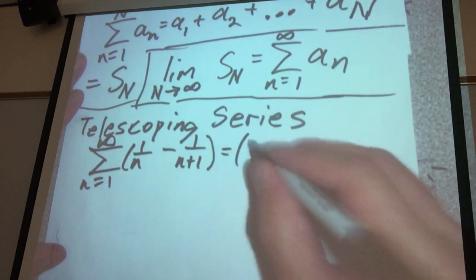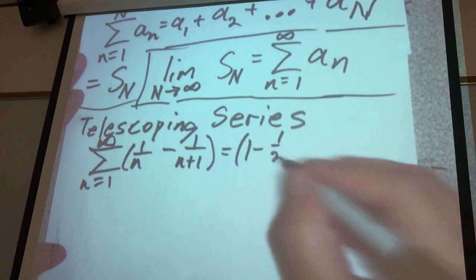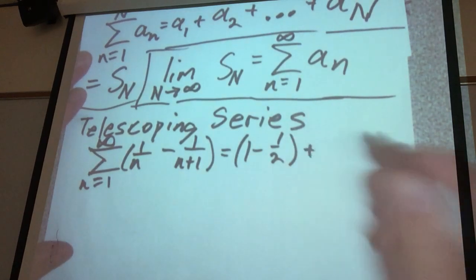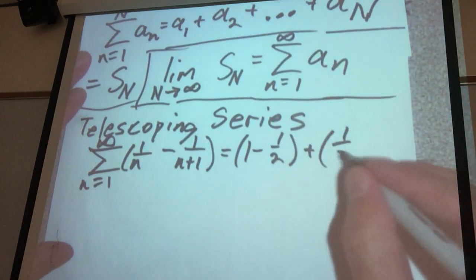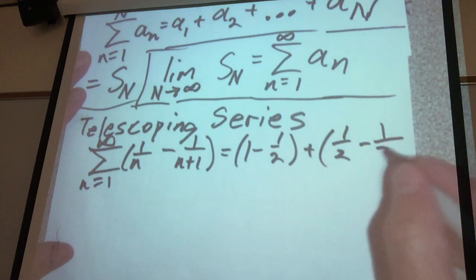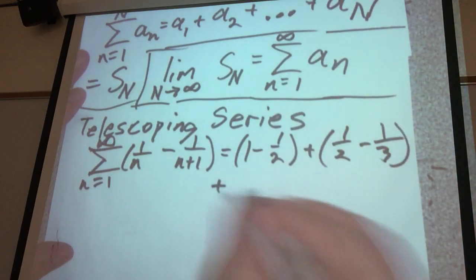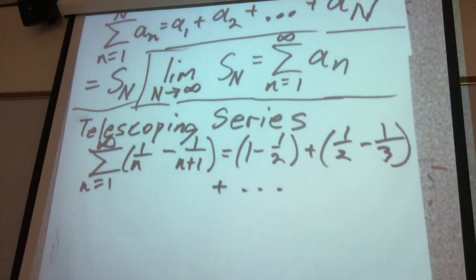This first one would be 1 minus 1 half, and then plus, for n equals 2, 1 half minus 1 third, like that. And that's going to go on forever. Okay. But if we look at this infinite series, you see that negative 1 half and the positive 1 half? They would cancel each other out. Okay? So for telescoping series, we are going to look at the nth partial sum of this.